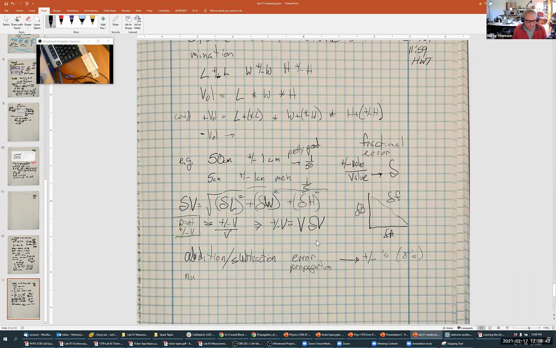For multiplication, division error propagation, we use the fractional errors, which is the plus minus value divided by the value.